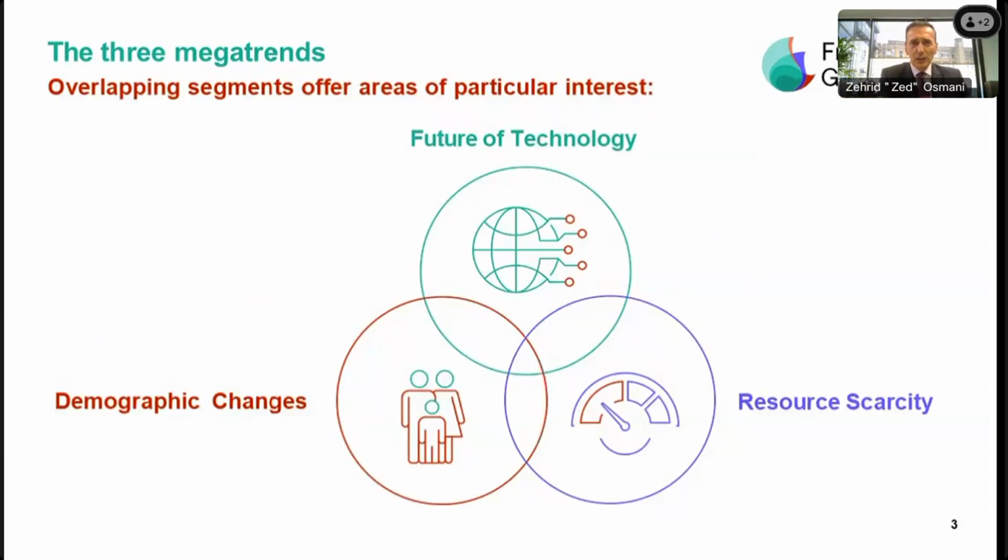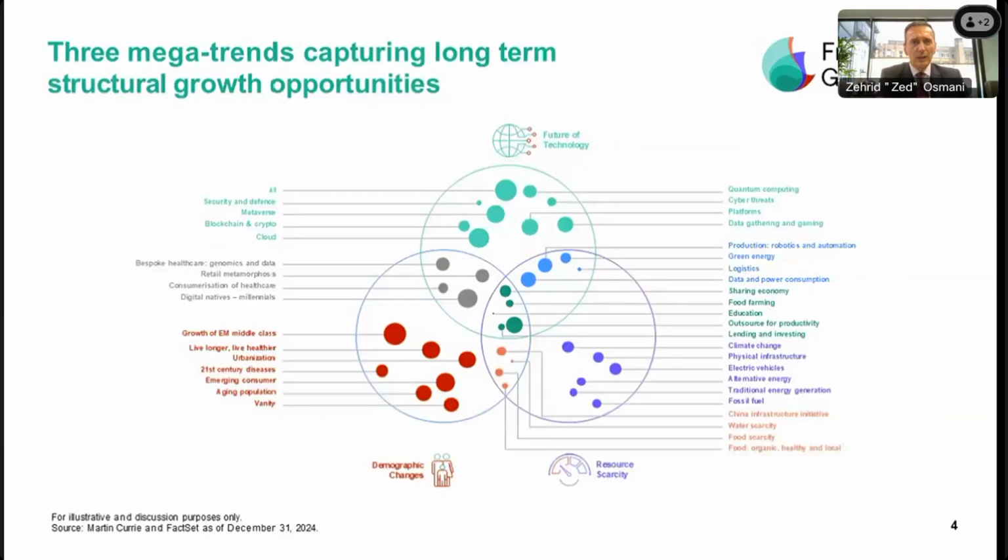There are overlapping segments around some of those three mega trends, which we're also trying to capture where there's valuation support. And what you can see here is a highlight of themes within each of those mega trends, which we list on the left and on the right, and which are color coded as well.